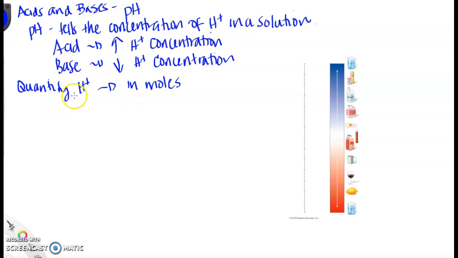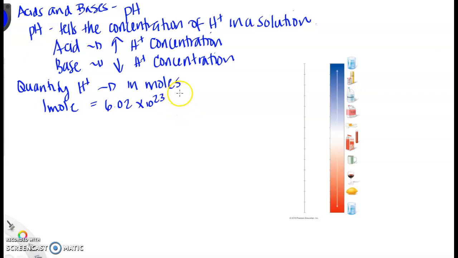If I were to say a mole of donuts, well, a mole is 6.02 times 10 to the 23rd whatevers. Okay, so that would be 6.02 times 10 to the 23rd donuts.